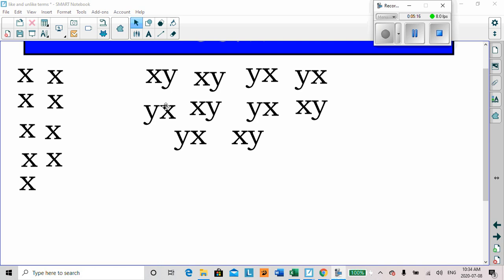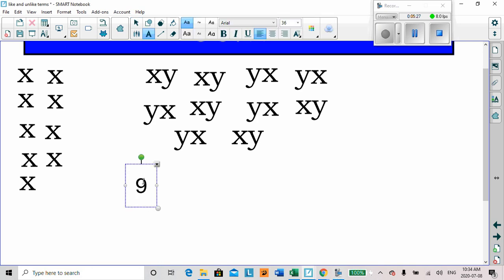So these xy's and yx's are all the same thing. So now to make an expression to summarize what I have: 9 x's and 10 xy's, which are the same thing as the yx's. So I've made a mathematical expression to summarize what I have.